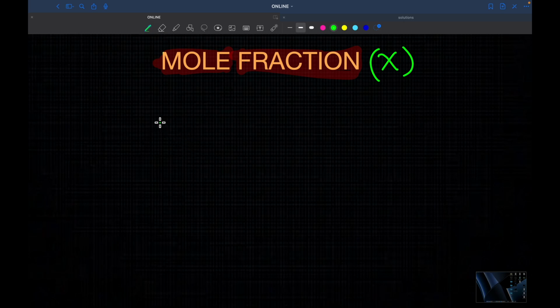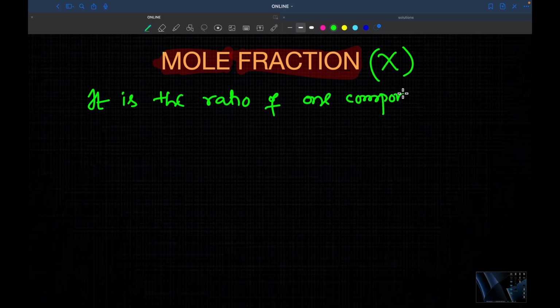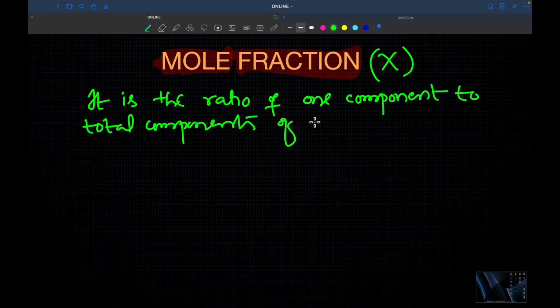So it is the ratio of, I'll write the definition here, the ratio of one component to the total components of a solution.